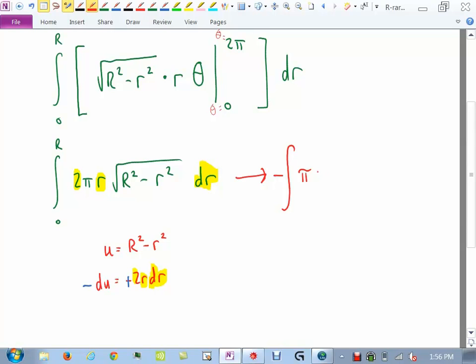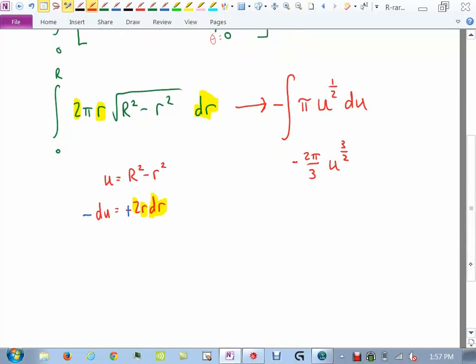And then I have what? Square root of u. So u to the 1/2 du. What is the antiderivative of u to the 1/2? Negative 2 pi over 3 u to the 3/2.